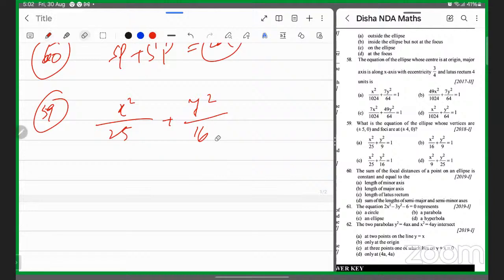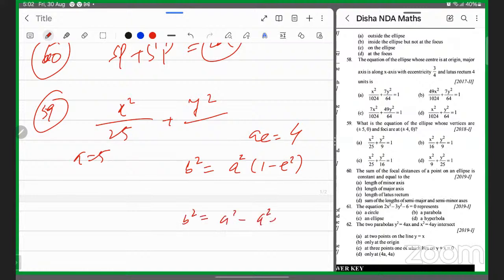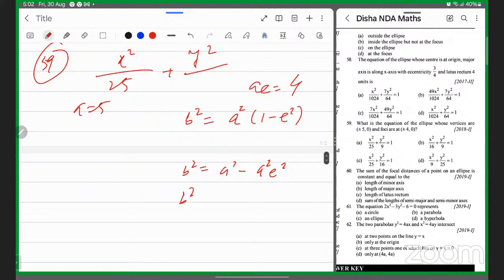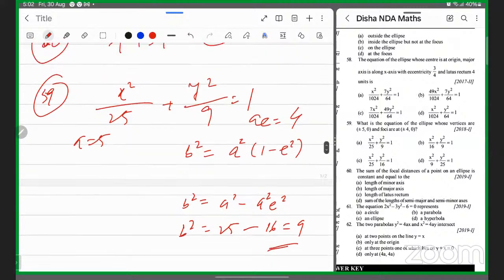So we have to find b. A is 4 and A is 5. So b square is equal to a square into 1 minus e square. Any problem? So b square is 5 square, 25, minus 4 square, 16. You will get 9. You will be deceived in the exam if you make silly mistakes, okay?